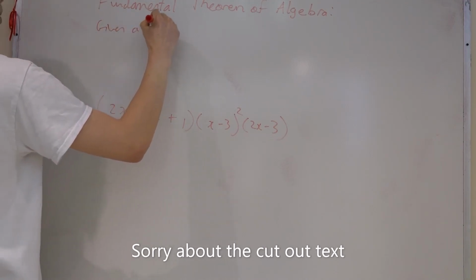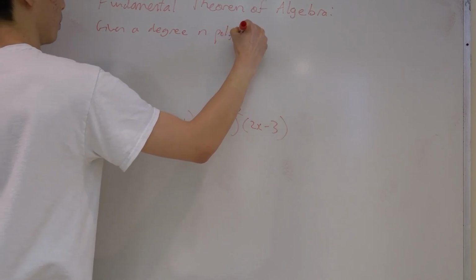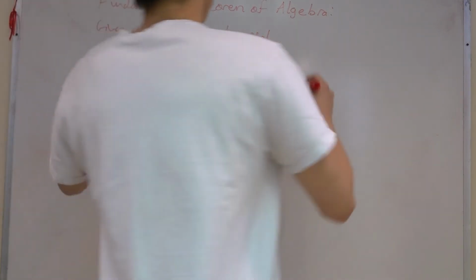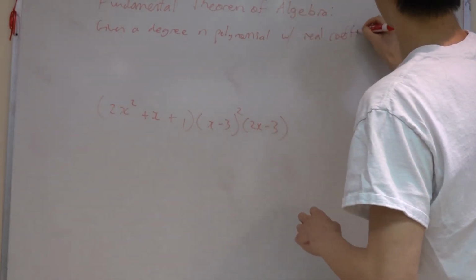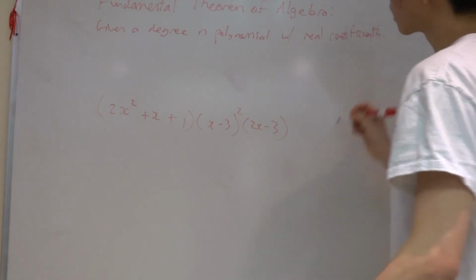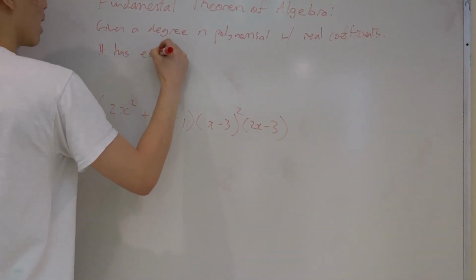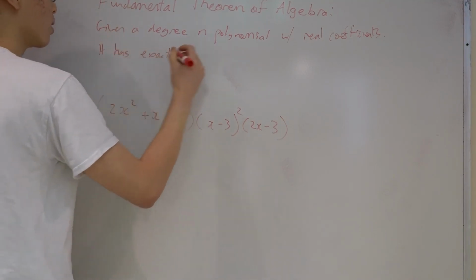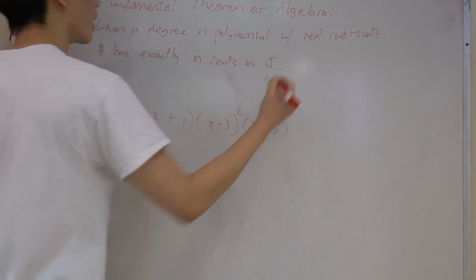Given a degree n polynomial with real coefficients, that means your coefficients come from the real numbers, it has exactly, no more, no less, exactly n roots in the complex plane.